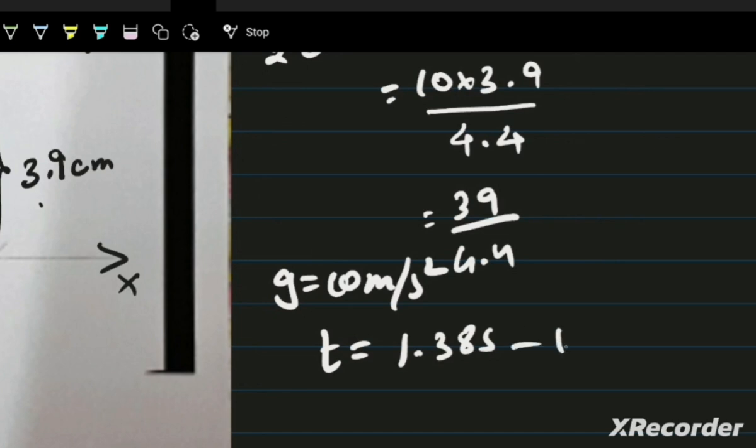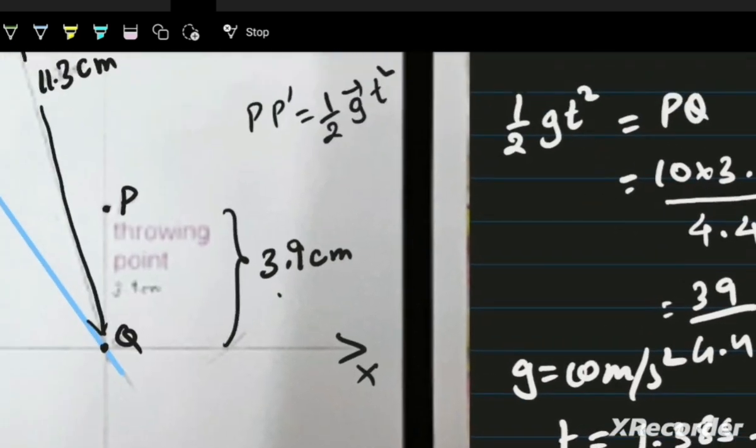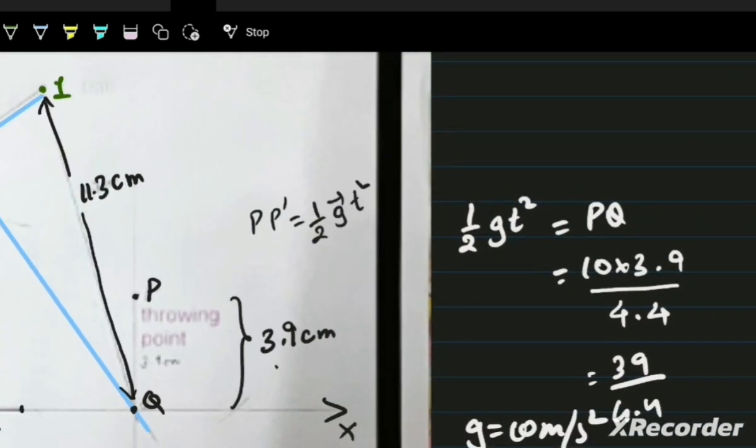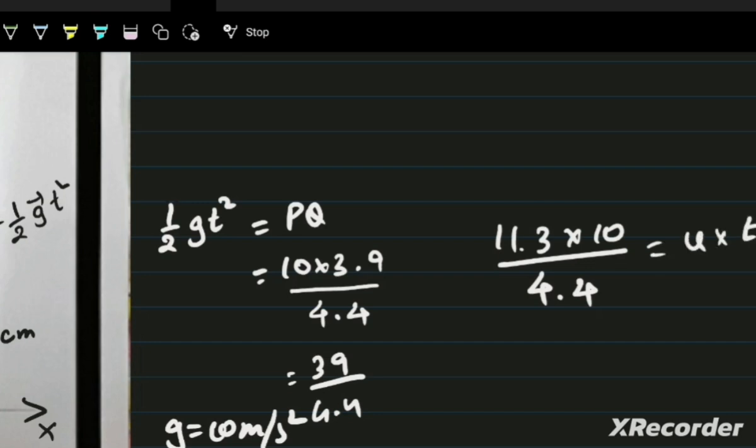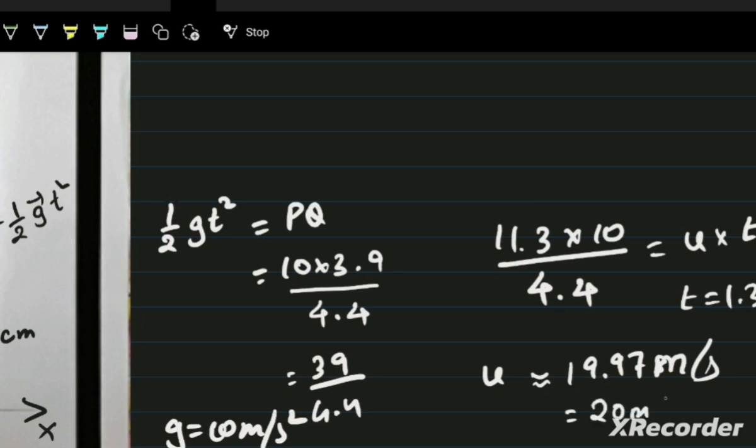So this is our first equation. Now as I measured the distance between Q and 1 to be 11.3, 11.3 into 10 by 4.4 is equal to u times time, but time is equal to 1.38 seconds. Substituting the values, we'll get u is equal to 19.97 meters per second, nearly, or you can also say 20 meters per second, and that's the answer.